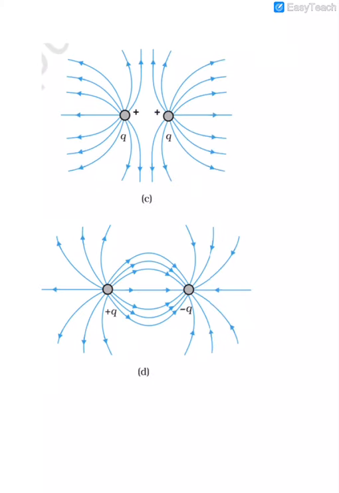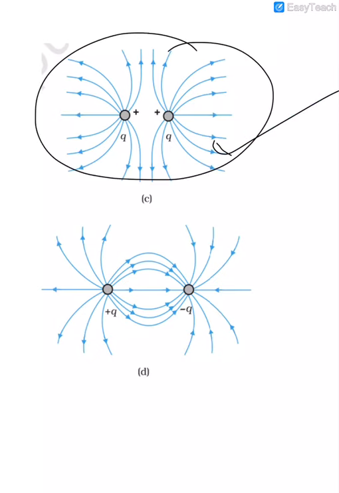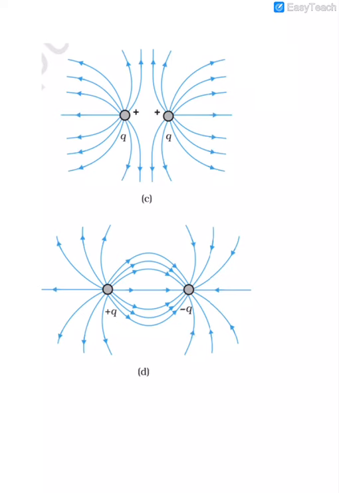If you have two positive charges facing each other like this, then this is how the field lines will look. So in all cases, remember, the way to draw the field lines is very simple. You take a point in space and visualize, for instance, this point: what will be the direction of a unit positive charge which is placed over there?